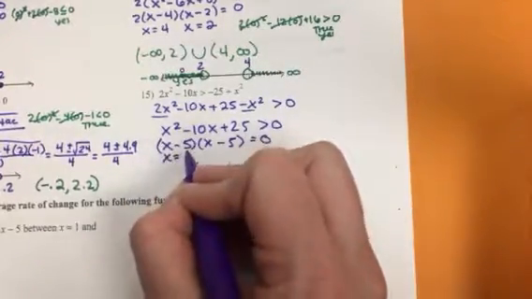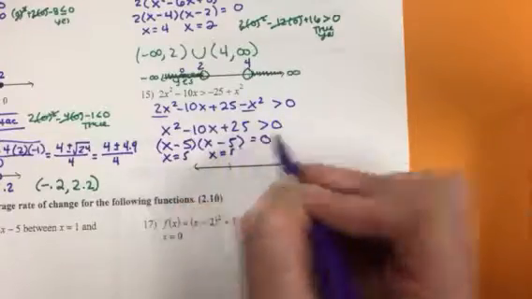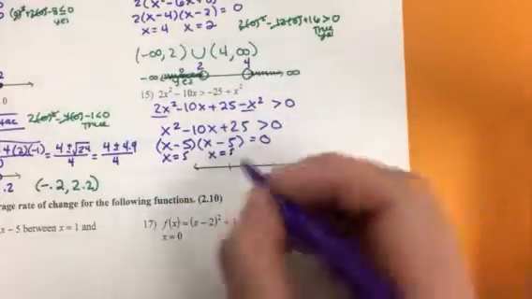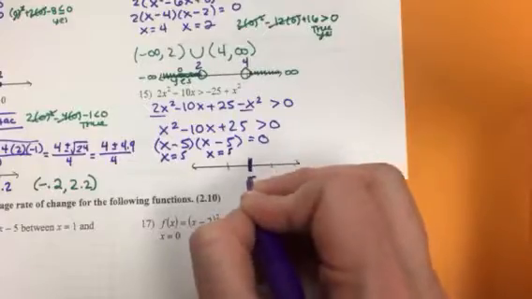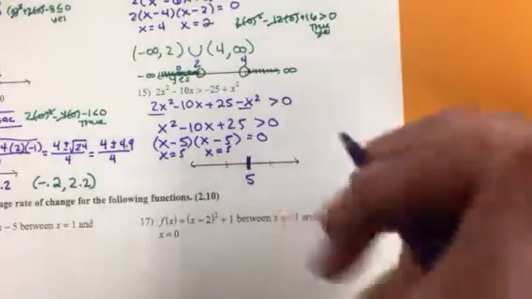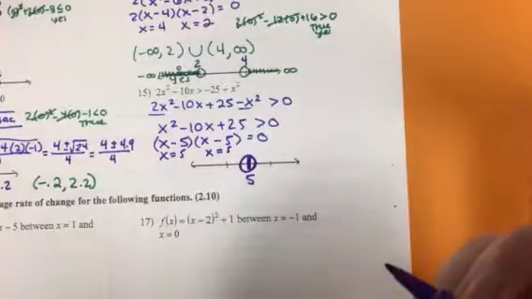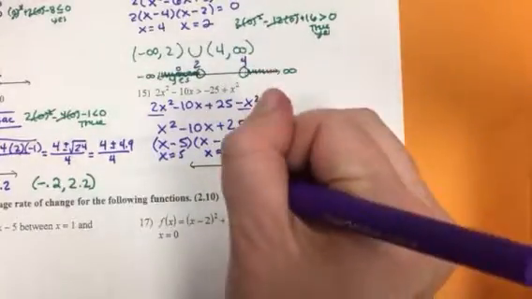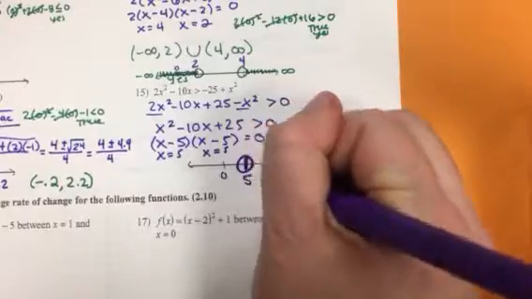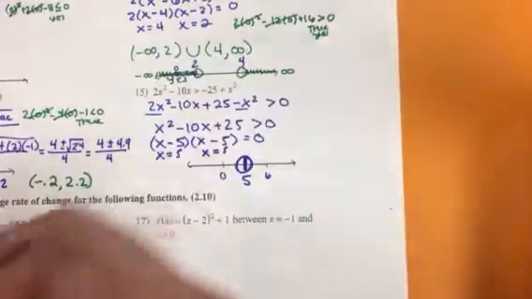That way my solutions are 5 and 5, which means I can only mark one spot on this graph, and it's going to have an open dot. Then I check where I'm going to shade, so I'm going to plug in a 0, and I'm going to plug in a 6 to see if it's alright to shade the sides.